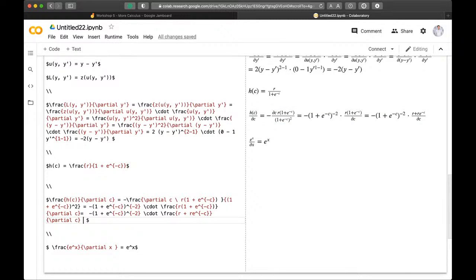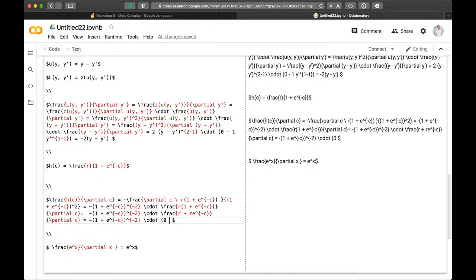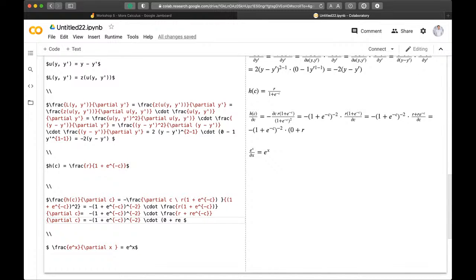So okay, let's copy this part. This is simple, I hope. So then the derivative of R with respect to C, this is 0, right? 0 plus R e to the minus C, like that.